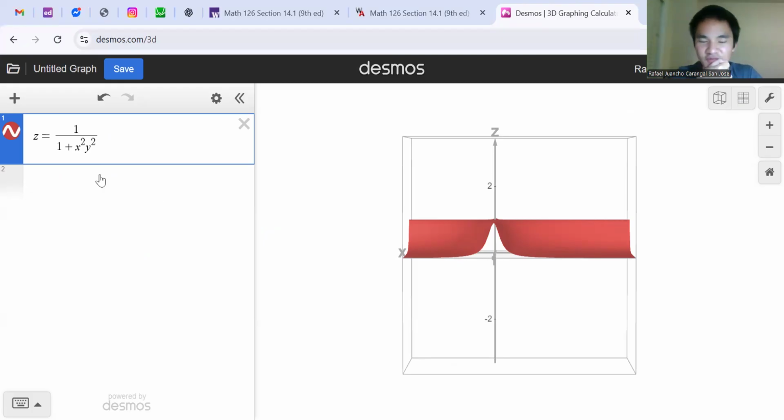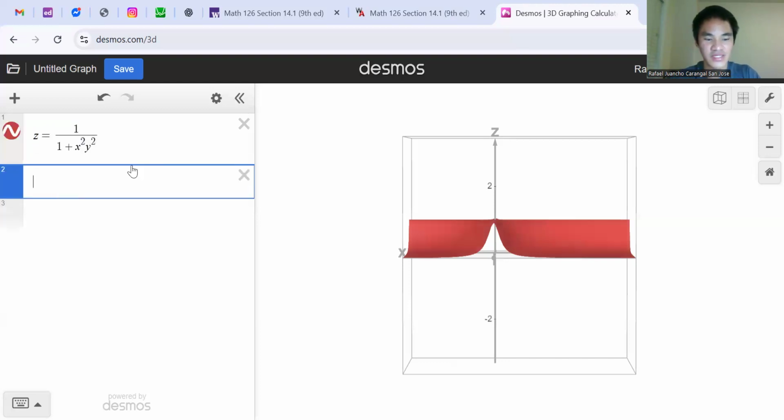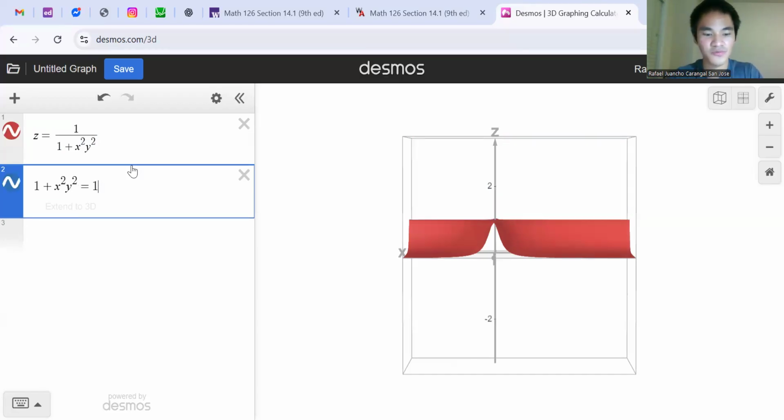But then what's weird is that it's also not negative. I don't know what this is, but it's 1 plus x squared y squared equals 1 over z, right? I just switched this term to this term. So basically what I'm saying is 1 plus x squared y squared equals 1 over z. So I should get the same thing.